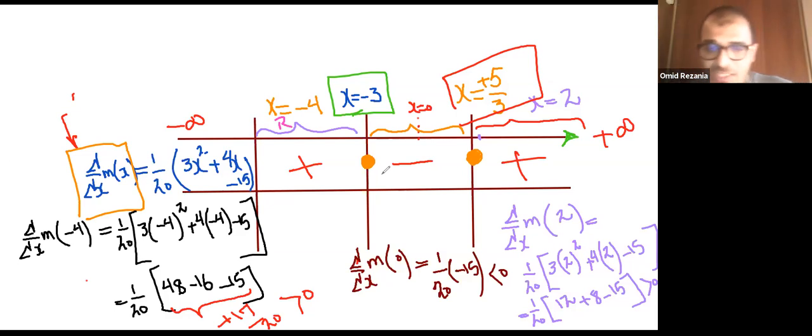Look at that. And what's going to be the best strategy in order to find the local maximum and local minima? Look at this. For the first part, here they have a positive sign which stands in the interval from minus infinity all the way to x equal to minus 3.